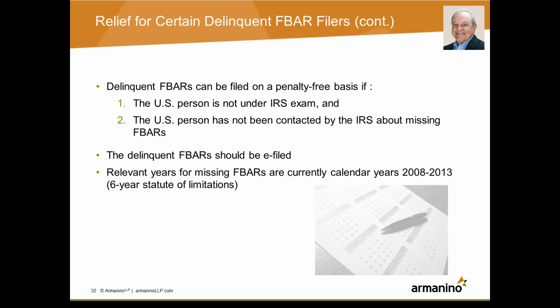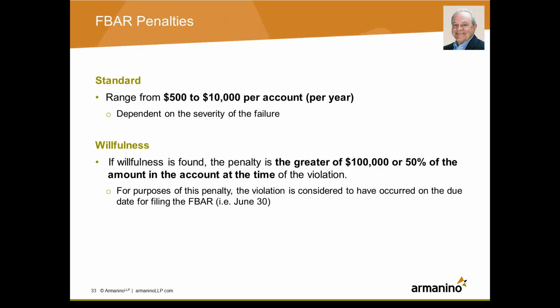A 6-year statute of limitation is involved. So at any time within those 6 years, you can file for a delinquent FBAR. Now, the penalties are severe, and they range from $500 to $10,000 per account per year.